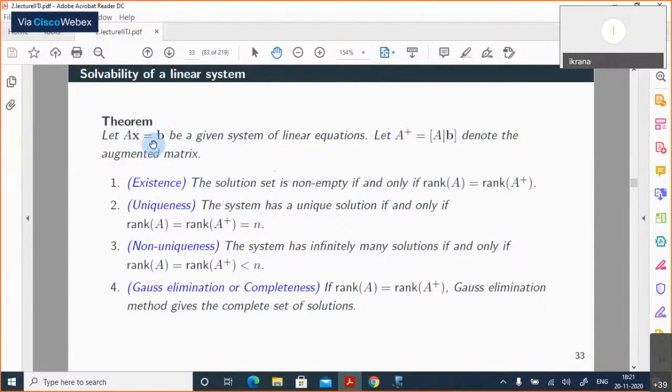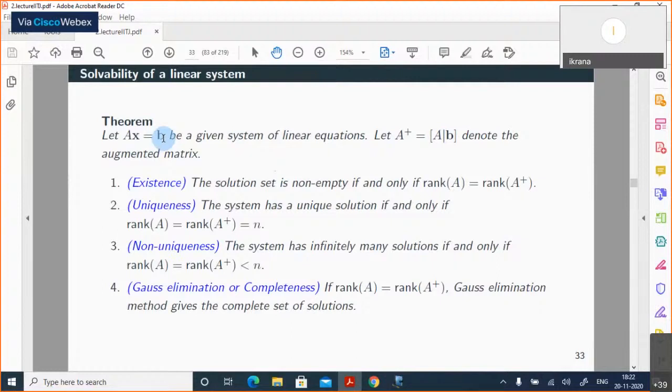Let us construct this: add the column B as a new column to A, so augment it. To A, add one more column B, which is the coefficients on the right-hand side of the equality of the system of linear equations.